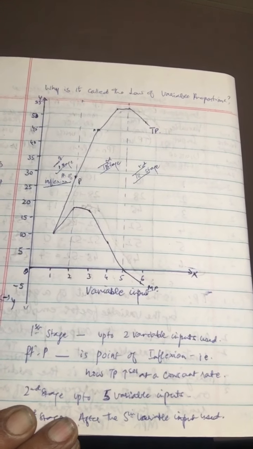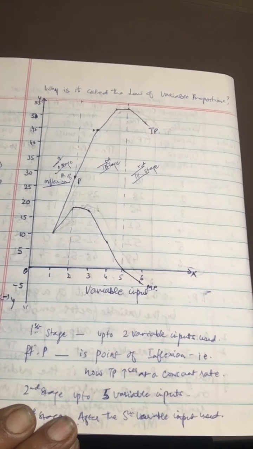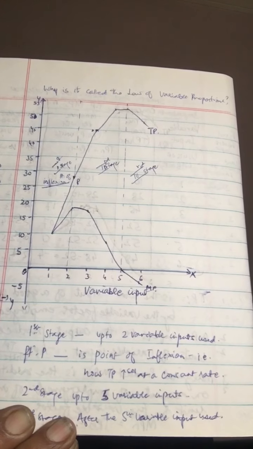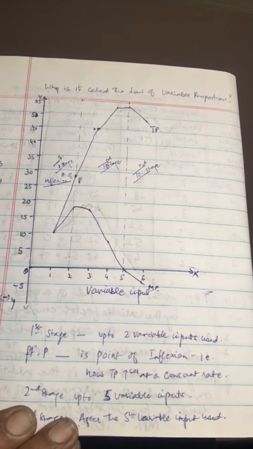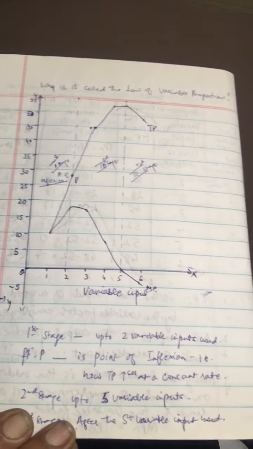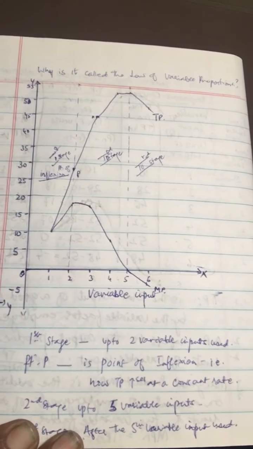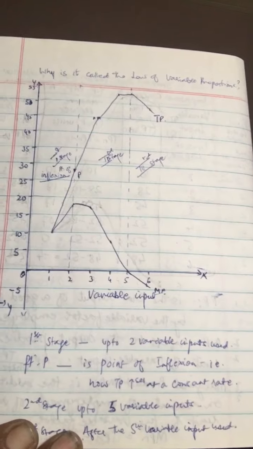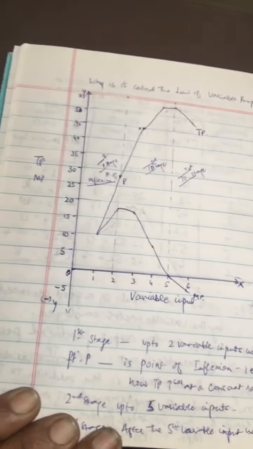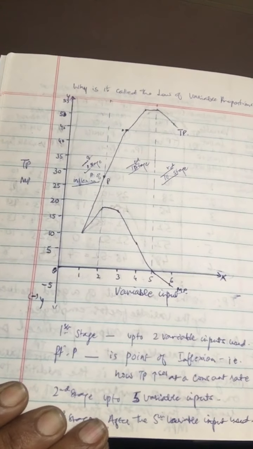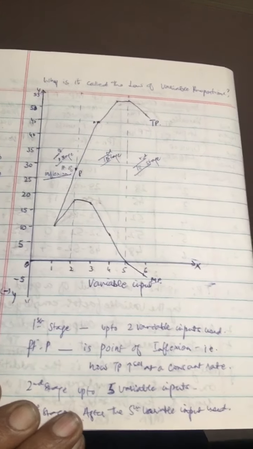So this results in poor coordination between the fixed factor and the variable factors. Hence, we get what is known as the diminishing returns, and if it goes beyond that, you do get phase 3 too. Okay, so that is the diminishing returns.